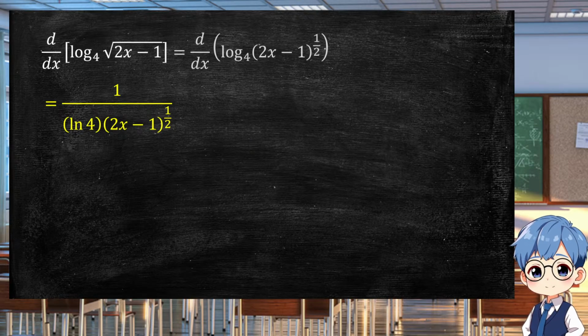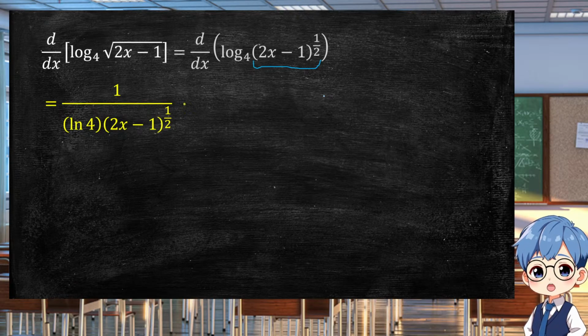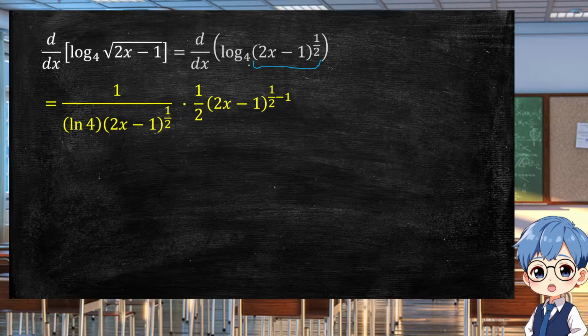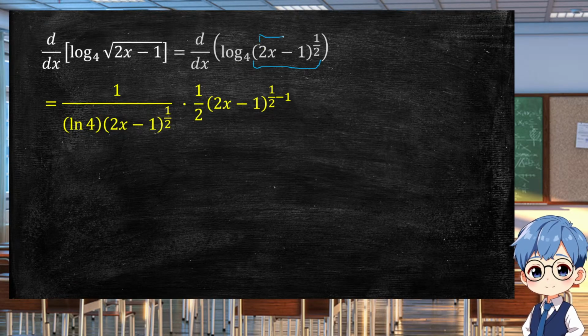Continuing our solution, next would be the derivative of u. In this case, we will apply the chain rule. So we write first 1 half. Then we have 2x minus 1 raised to the power 1 half minus 1. Then we get the derivative of the innermost function, the argument, which is 2x minus 1.